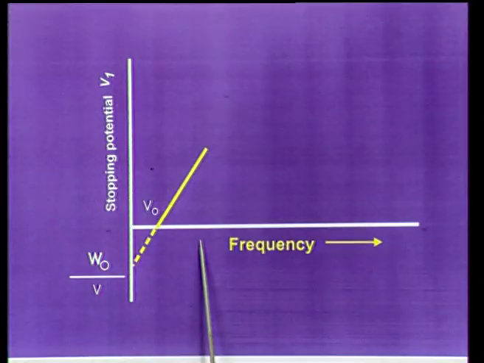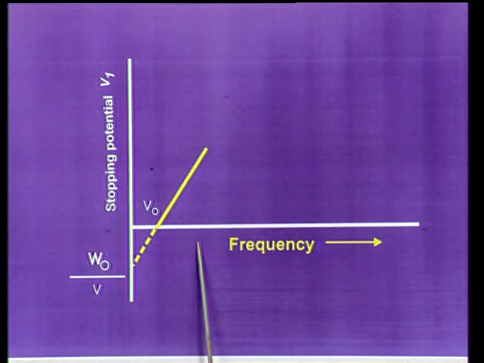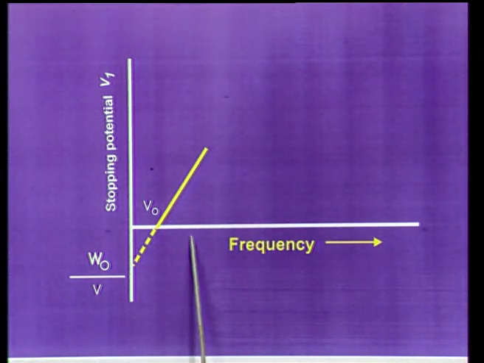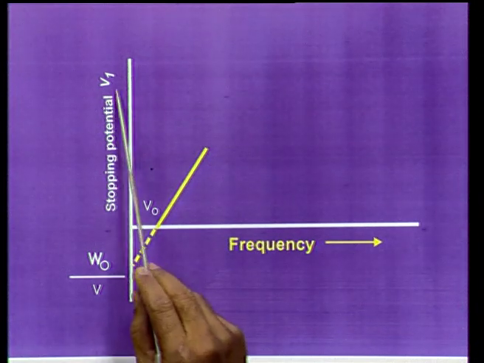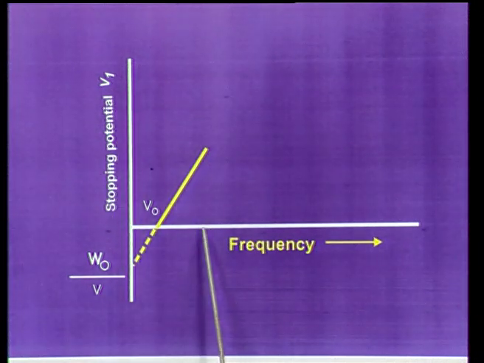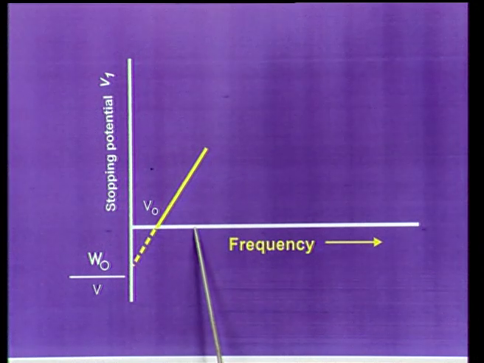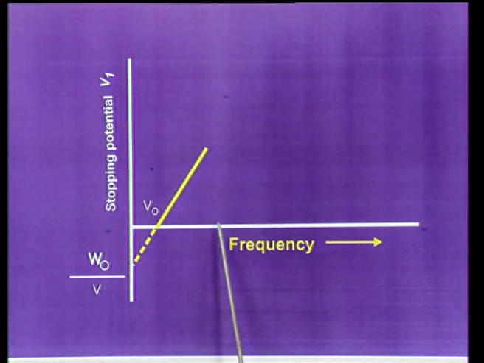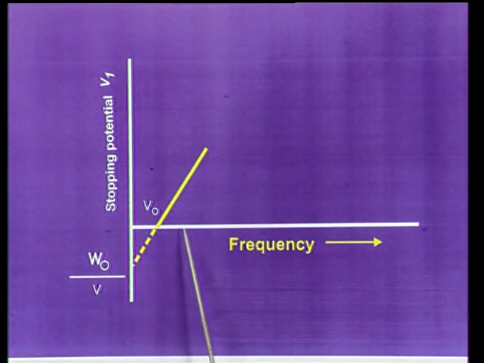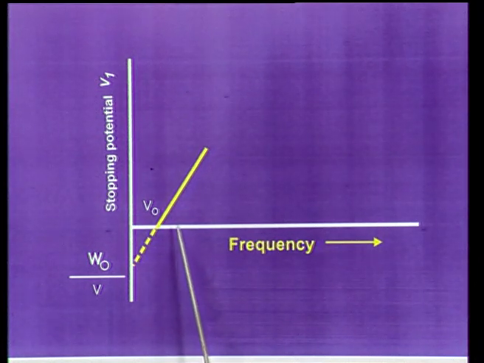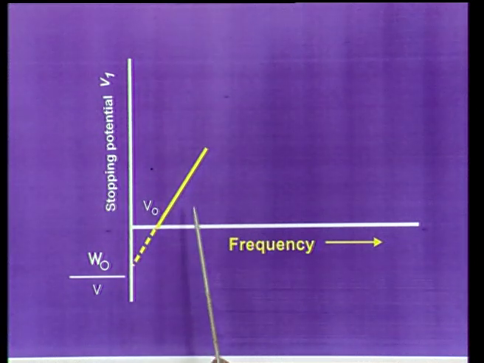Now, in this part of the experiment we have a facility to vary the frequency and to observe the stopping potential changing. We are varying the photometals, and the corresponding cutoff frequencies and stopping potentials are all plotted here. This is the frequency.